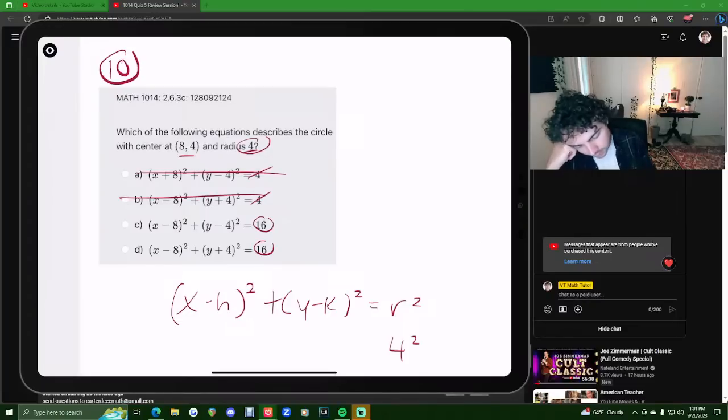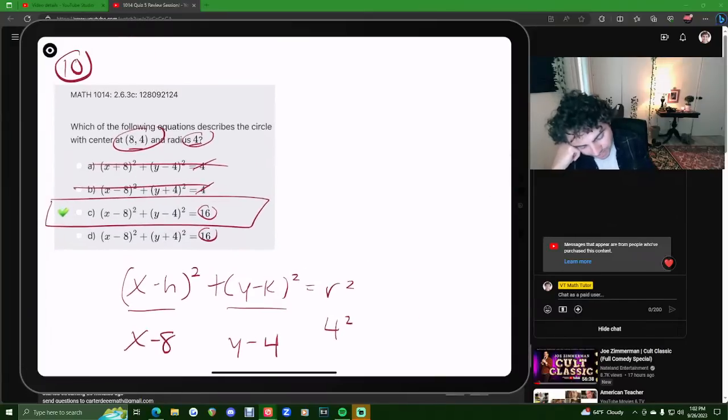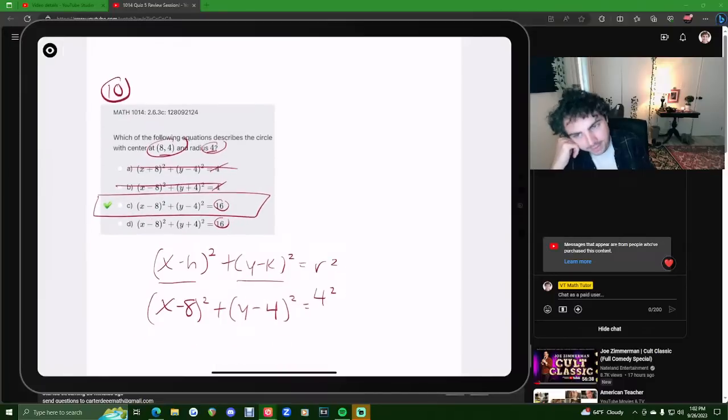And then, which of the parentheses has x minus h, so x minus 8, and then y minus 4. Each of those are squared. Hopefully it's not too crazy. That's just option C. So x minus 8 squared plus y minus 4 squared equals 4 squared. That's all there is to it.